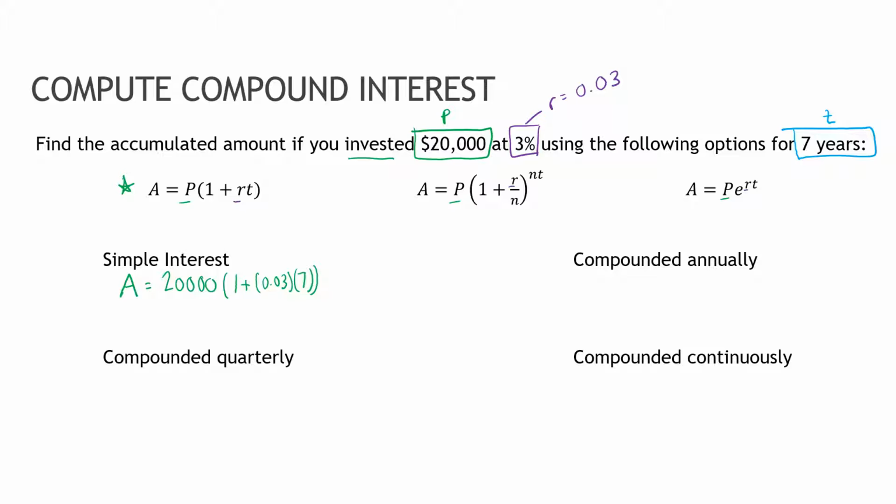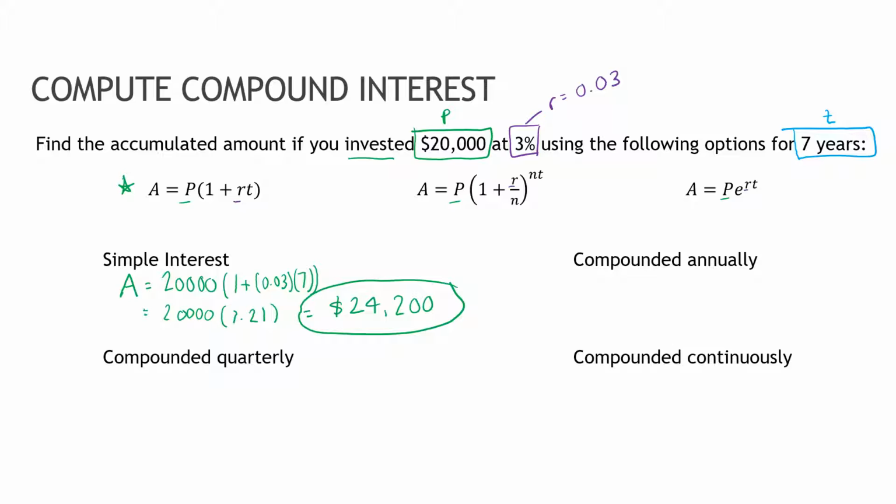Because what I find happens is people try to show too much work, and when you show too much work, you end up giving me rounded answers. This one's not bad because I can actually write the full answer. If I take 1 plus 0.03 times 7, I get 1.21, and that's really easy. And then my final answer would be 1.21 times 20,000. That would give me $24,200. So this one's okay if you want to show all of the steps.